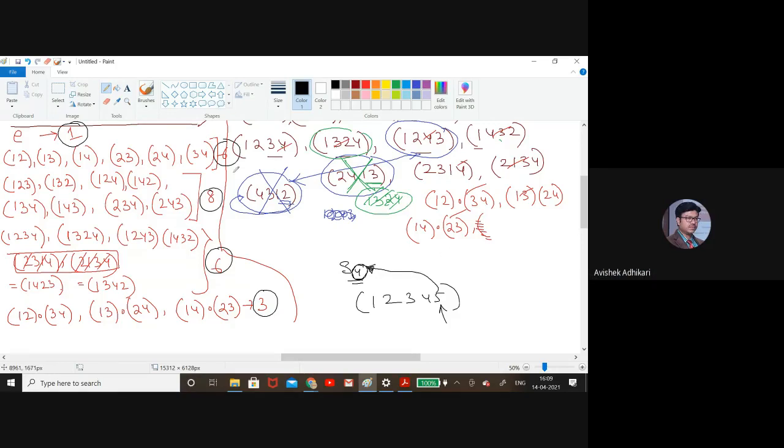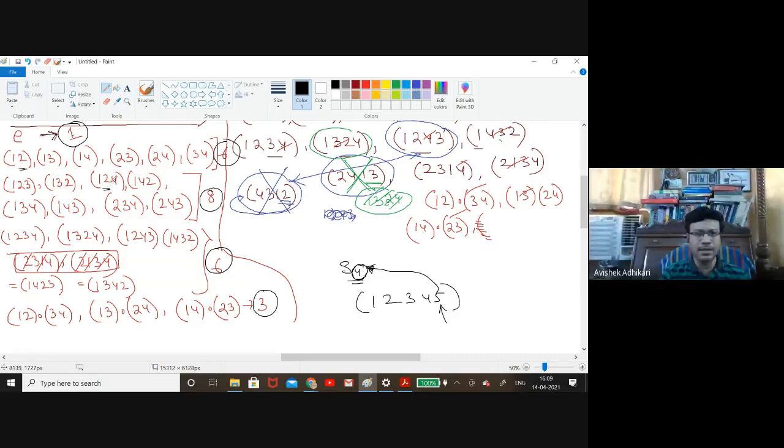So how many cycle types could you have? You can think of this as cycle length 1, this is cycle length 2, this is cycle length 3, this is cycle length 4. But here you have another cycle which is a product of these two types. Now can you please quickly check what would be the orders?